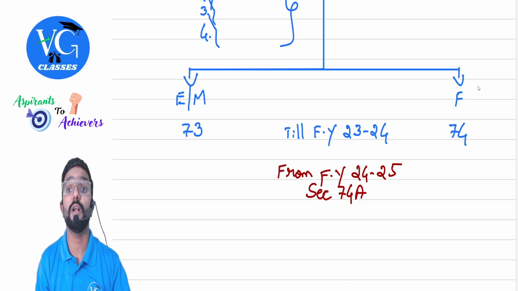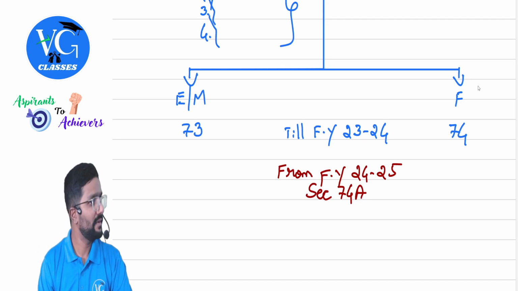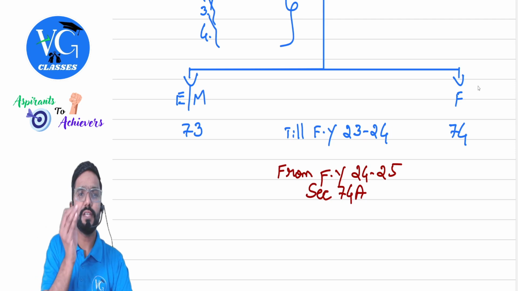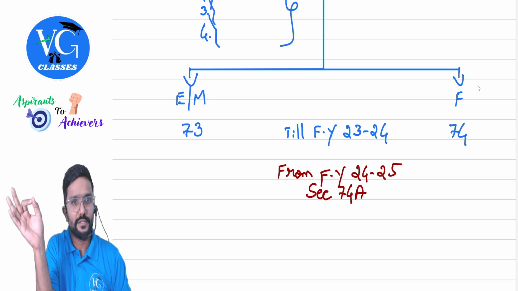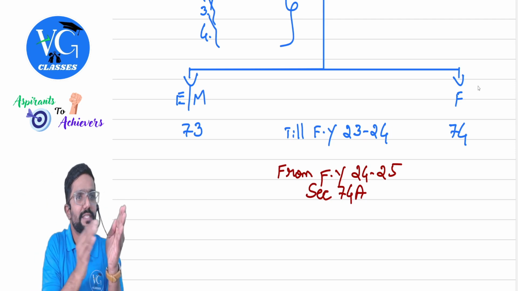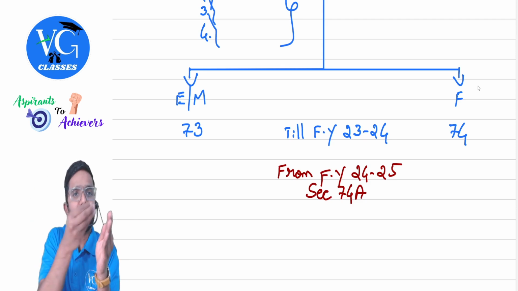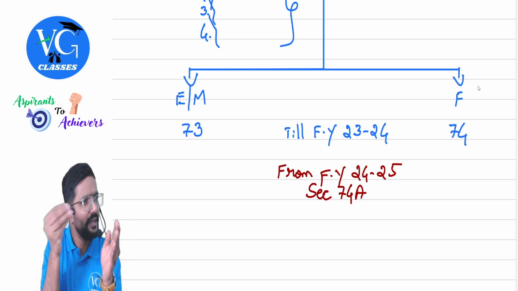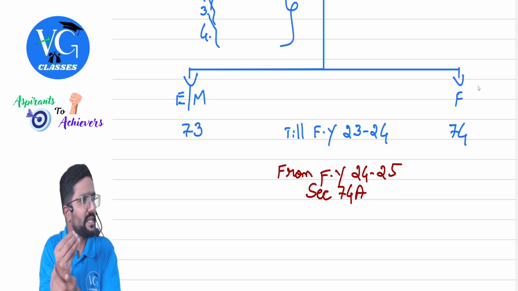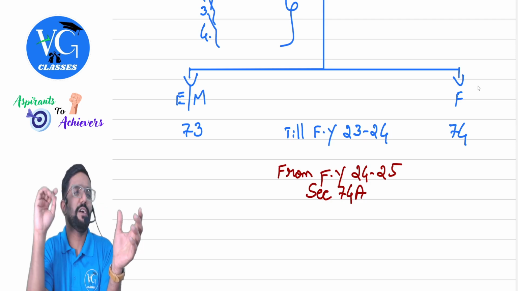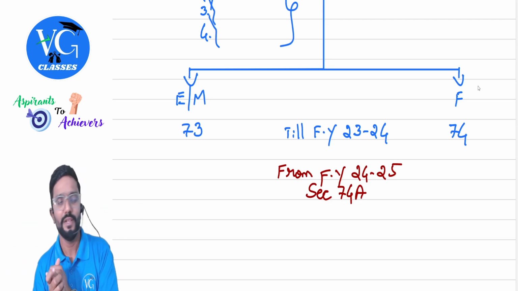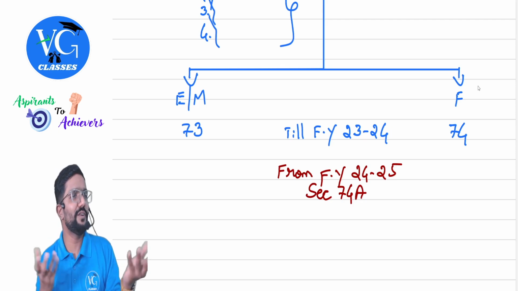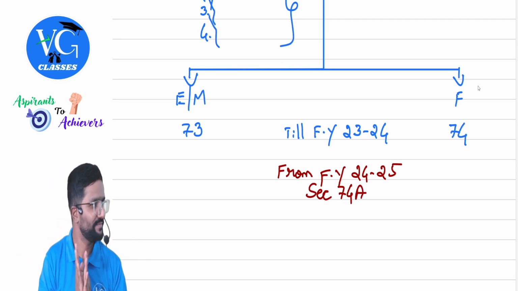Sir, what should we know? All three. I will tell you why. If you understand one, the other two become easy, guys. If you understand 73, 74 becomes easy, with small differences that we will identify. It has the same number of subsections with some minor changes. Penalty and all will be more under 74. And if you understand 73 and 74, 74A is easy.